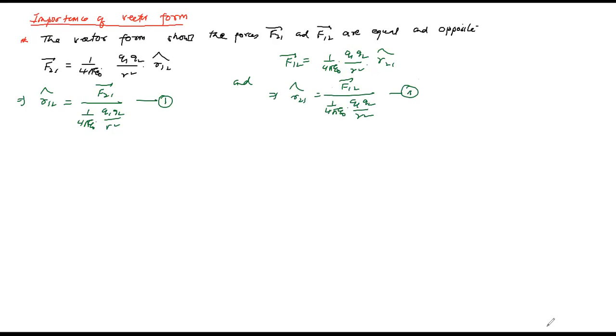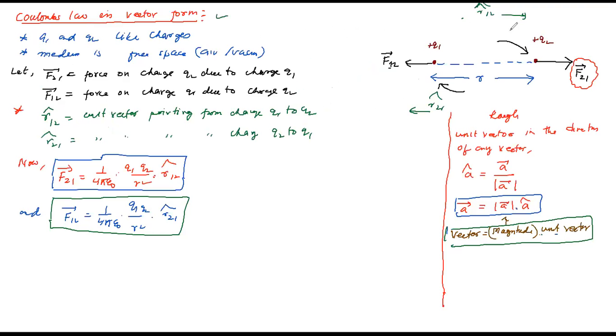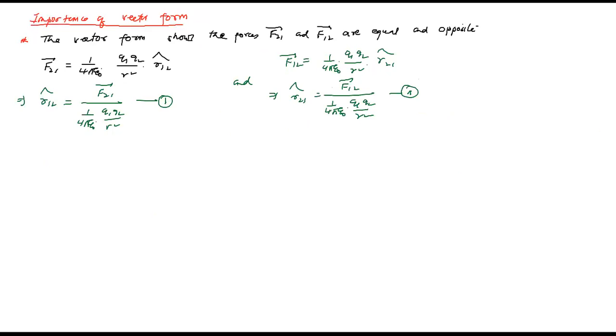Now you can see here in this case, this R12 and R21 are equal and opposite. These unit vectors are equal and opposite, and they have the same magnitude, right? Because unit vectors usually have a magnitude of 1. So I can write R12 unit vector is equal and opposite to this R21 unit vector.